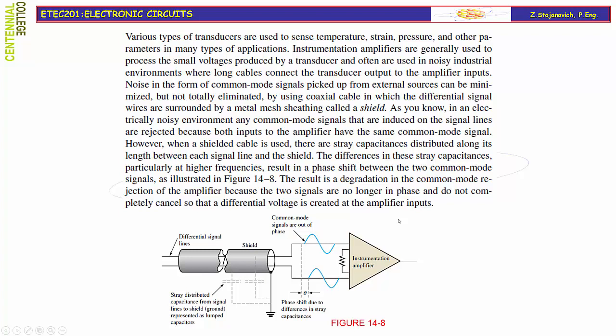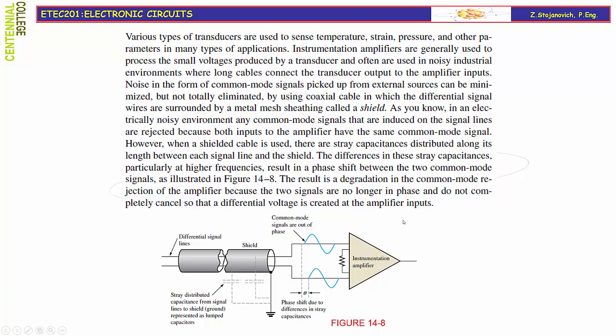Noise in the form of common mode signals picked up from external sources can be minimized but not totally eliminated by using coaxial cable in which the differential signal wires are surrounded by a metal mesh sheathing called a shield. As you know, in an electrically noisy environment, any common mode signals that are induced on the signal lines are rejected because both inputs to the amplifier have the same common mode signals.